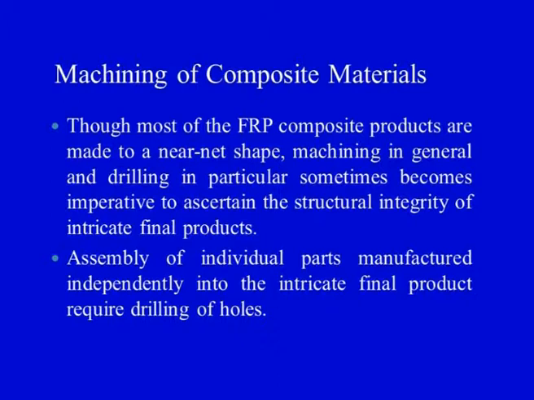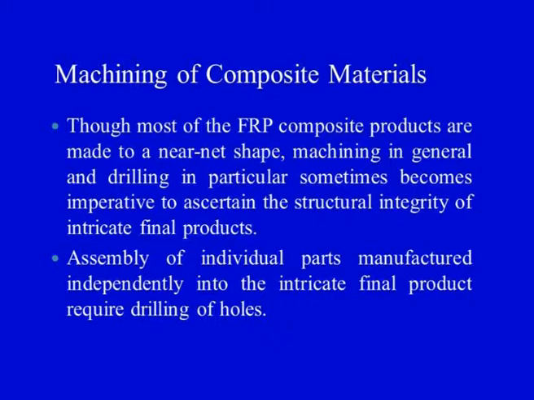Why? Because we will make a hole and then we can use a nut and bolt assembly to fasten this particular product to the other product. So assembly operations are facilitated because of making of holes or machining of the corners of the composite product. So assembly of individual parts processed independently into the intricate final product requires drilling of holes.